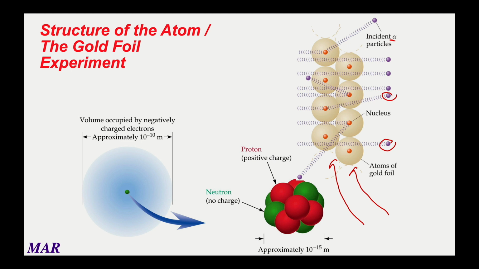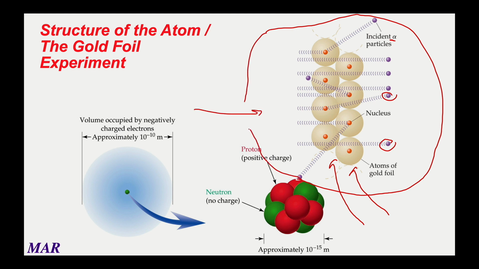By the way, he had a piece of film that went all the way around the gold, kind of like that. So you can imagine that the alpha particles are coming on that arrow, and they went there. What was really interesting is that most of the alpha particles went straight on through, and he detected them on this piece of film, and you could just see this smudginess on the film.